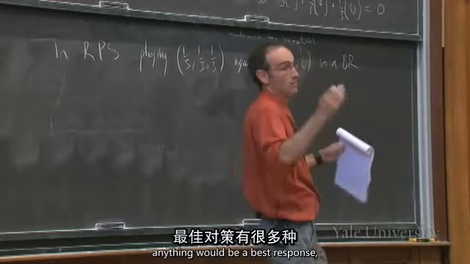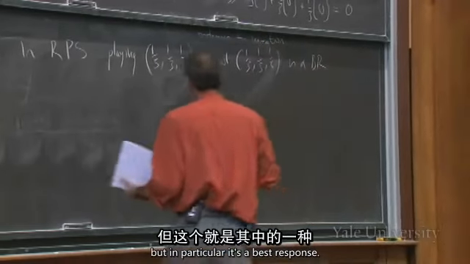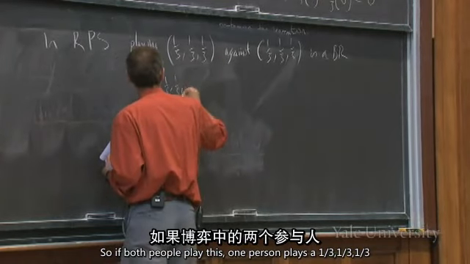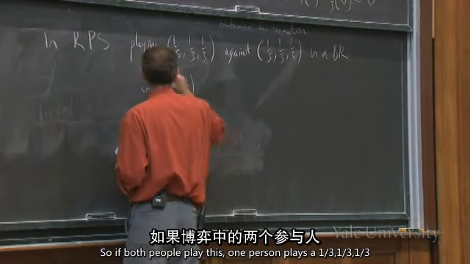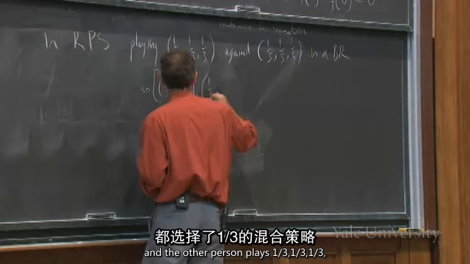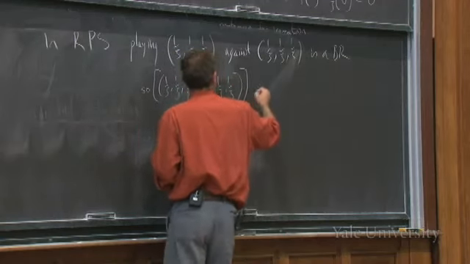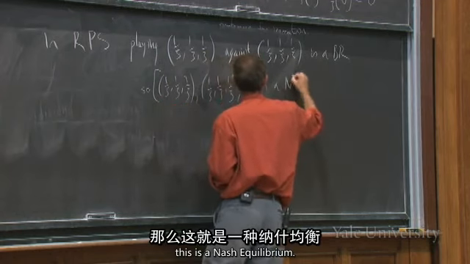Right? In fact, anything would be a best response, but in particular, it's a best response. So, if both people play this, one person plays a third, a third, a third, and the other person plays a third, a third, a third, this is a Nash equilibrium.